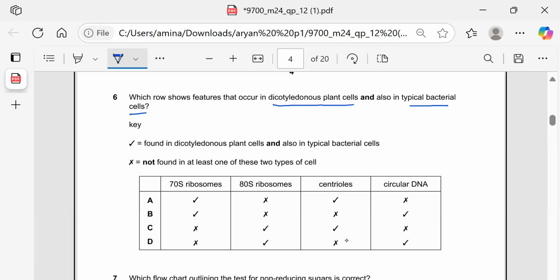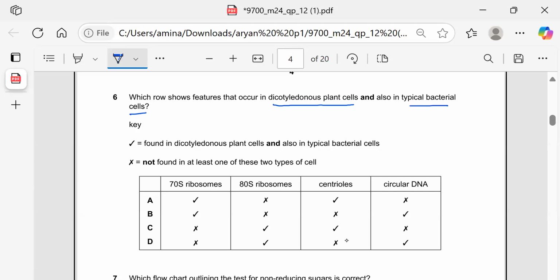Both the bacteria and the dicot plant carry 70S ribosome, and in plant cells, 70S ribosome is present in their chloroplast. In bacteria, there is no 80S ribosome, so it is not present in both.